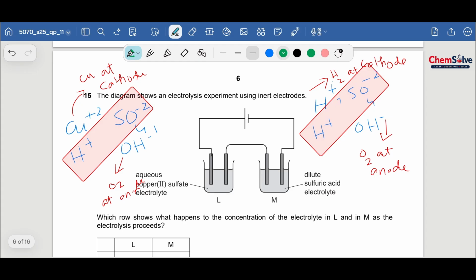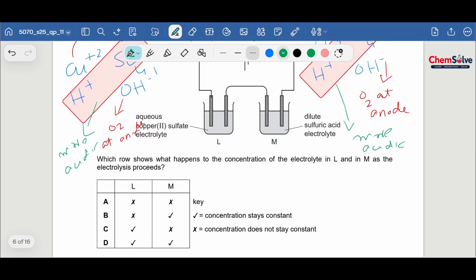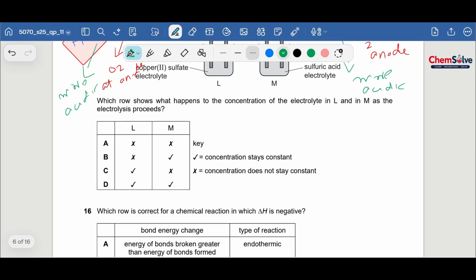So we can say that the concentration would be more acidic here, and similarly in this case the concentration would be more acidic. Now look at our options. Which row shows what happens to the concentration of the electrolyte in L and M, our beakers on the left and the right hand side, as electrolysis proceeds?